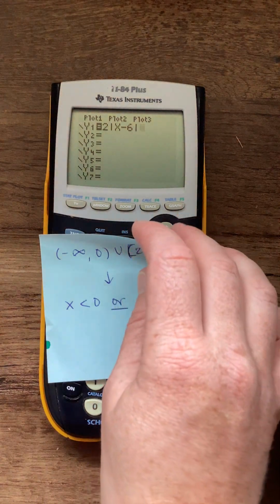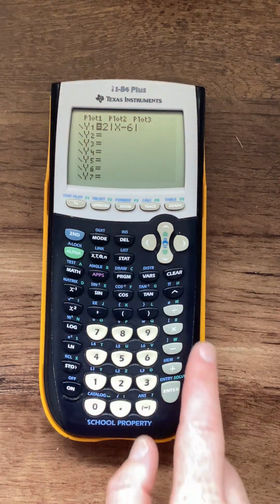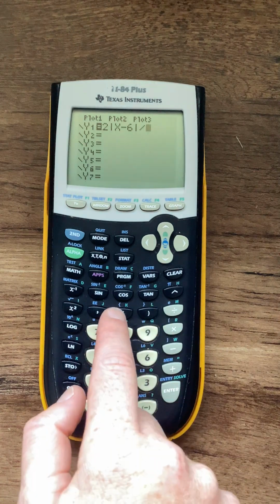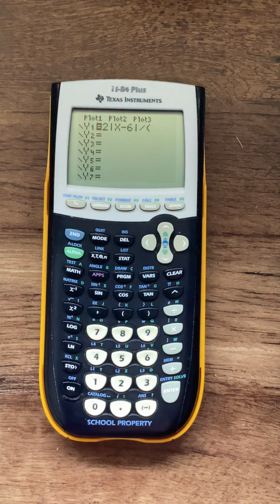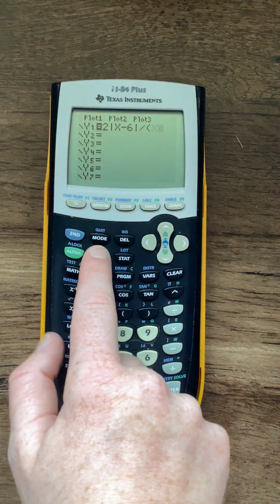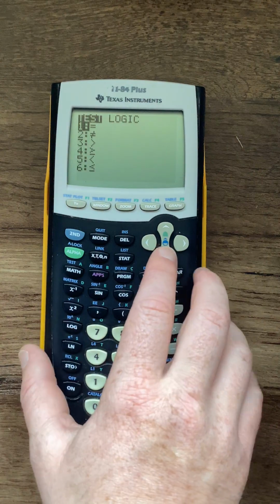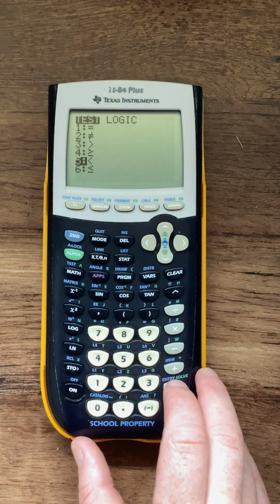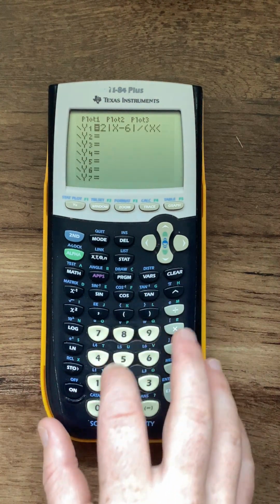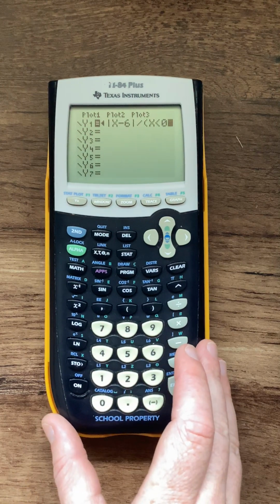So as you remember from earlier, we do divide by, parenthesis, and then we want to write x is less than 0. So we do x, and then we do second math, and then we get the less than symbol, and we do less than 0. Perfect, okay?